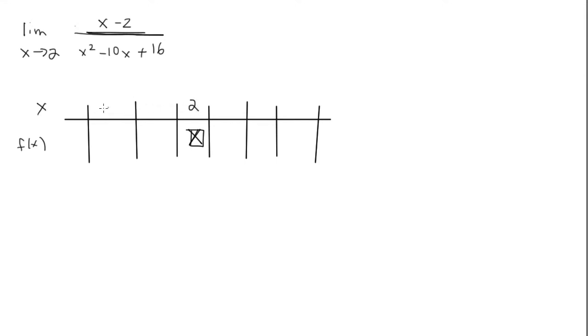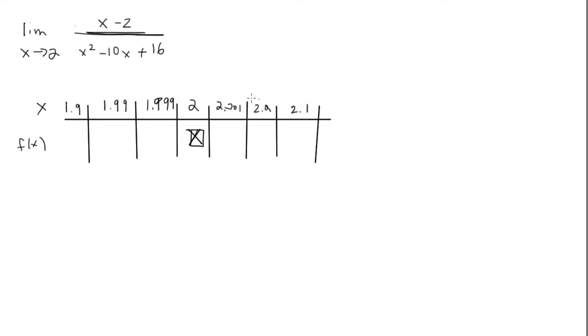To the left of 2 and to the right of 2, we're going to pick numbers that are either to the left or right of 2. So here I'm going to do numbers which are getting really, really close to 2. And then same thing on the right: 2.001, 2.01, and 2.1.